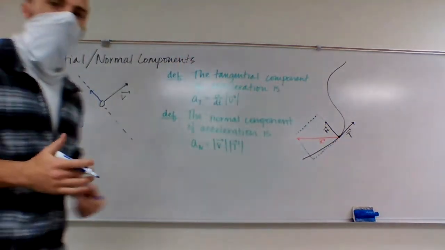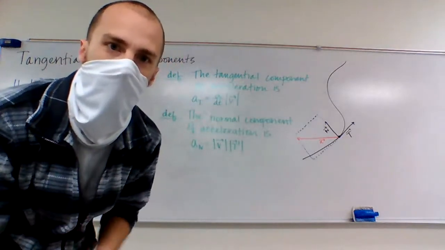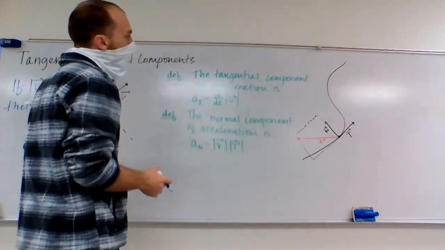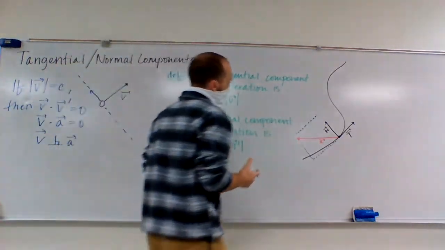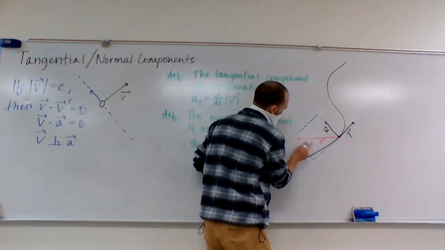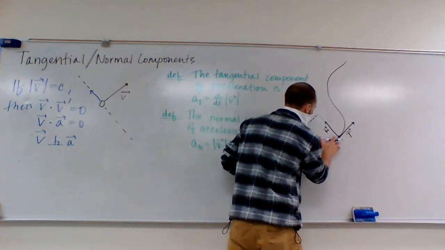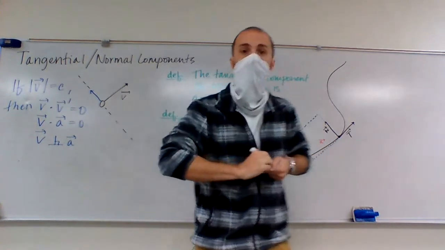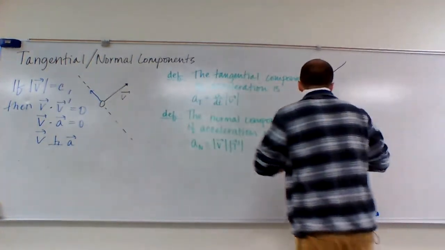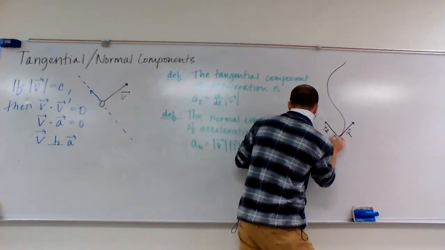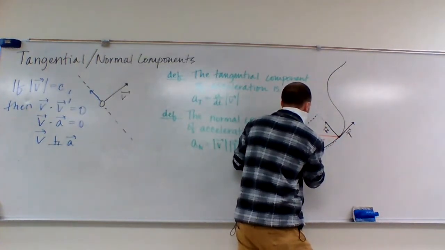It's not only a parallelogram, it needs to be a rectangle because T and N are orthogonal to each other. But you can kind of see what I'm getting at here. Maybe I'll even just redraw my acceleration vector. Live and learn. If I have to do it again in the future, I will draw the box first. And so it's going to be straight to there.